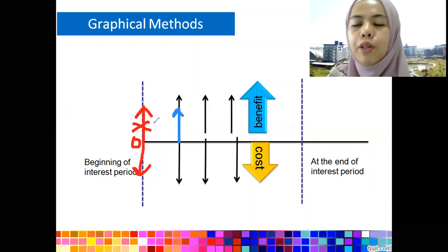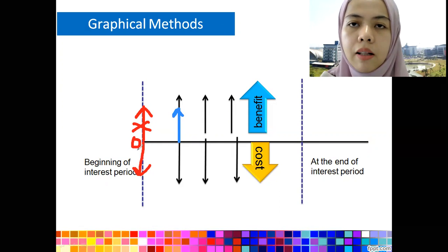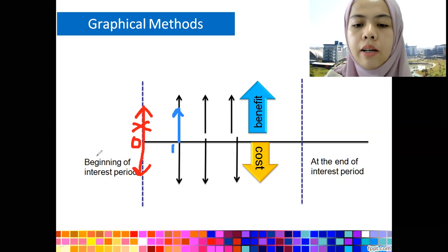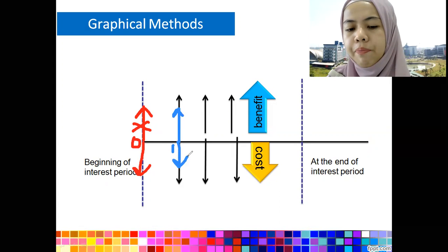It means you will harvest something after maybe a week or a month later. Let's say a month later, you gain some profit and then you pay a month of cost.